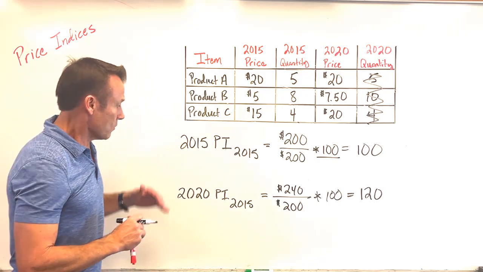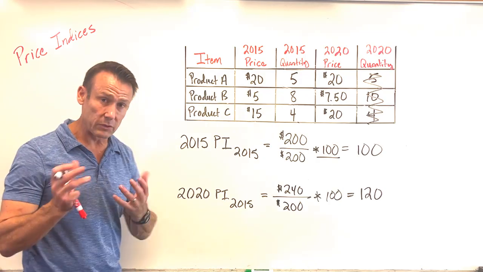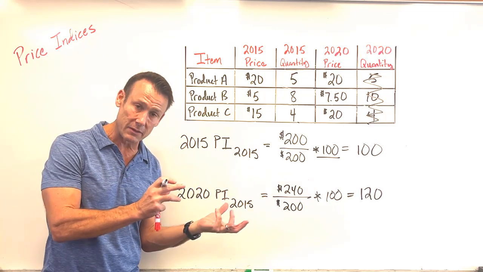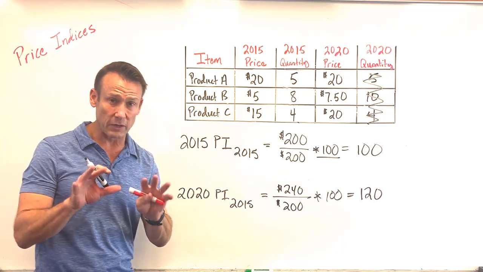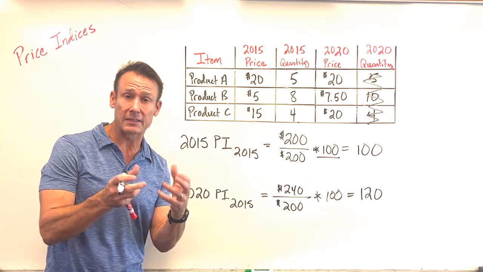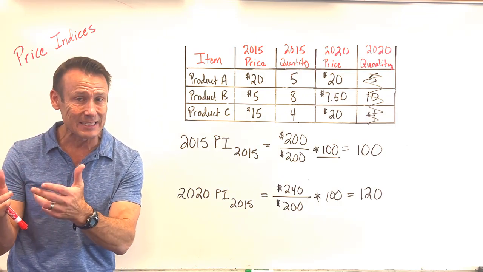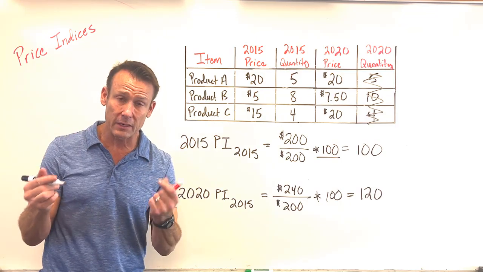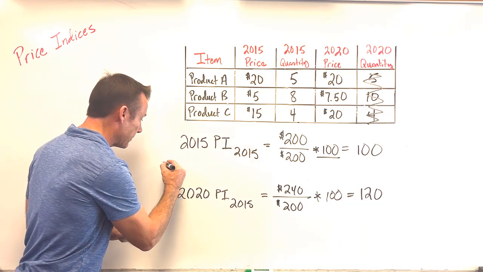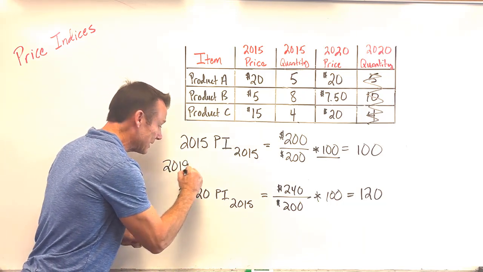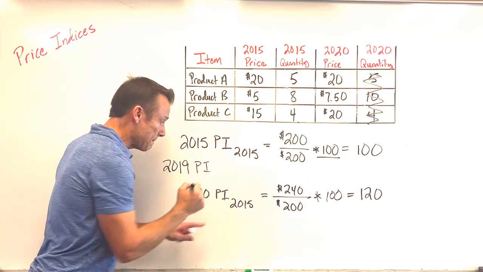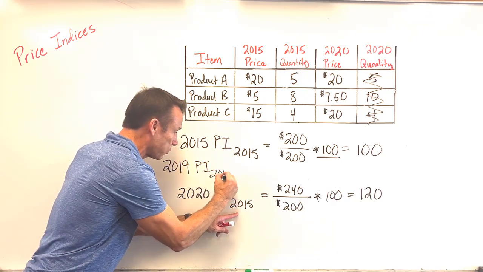Now, we're not going to find the inflation rate from here to here, because when you do the inflation rate, you want consecutive years, okay? So I just want to talk very quickly. If we were needing to find, say, the inflation rate from 2019 to 2020, we would need another price index measurement. We would need the 2019 price index measured relative to 2015.